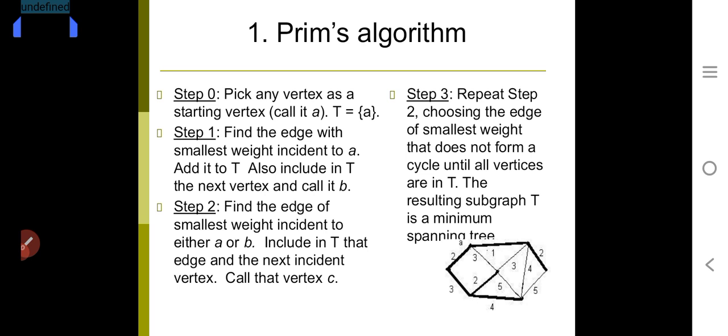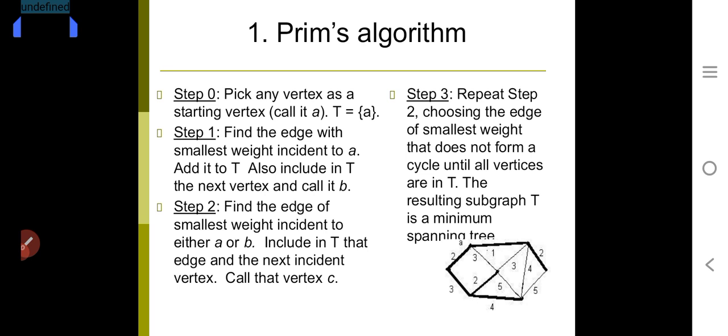Again we repeatedly add the smallest weight incident on either A or B. We add the vertex along with A and B and call it C. We have a graph T equal to A, B, C. Then we repeat the steps until we cover all the vertices in the graph.